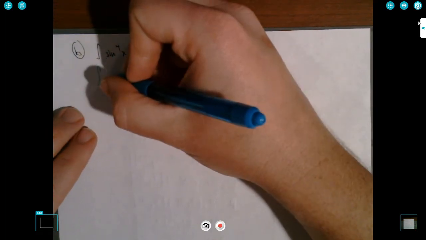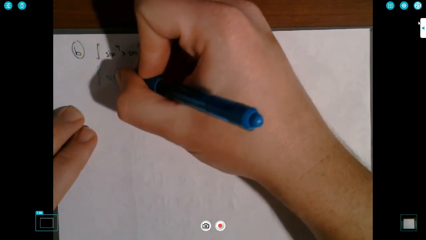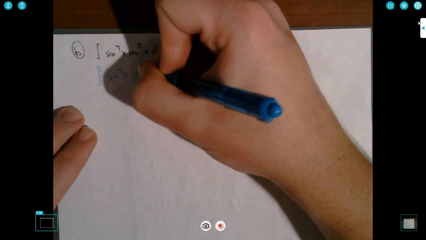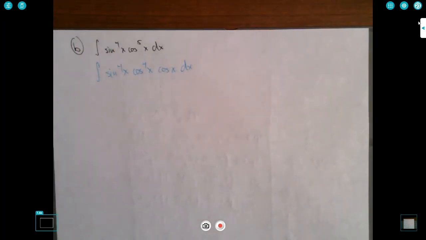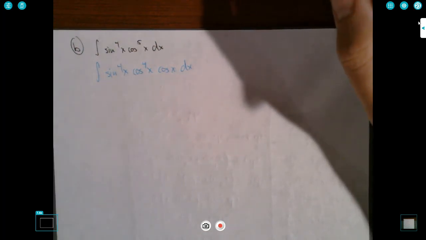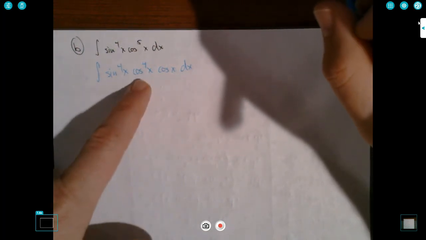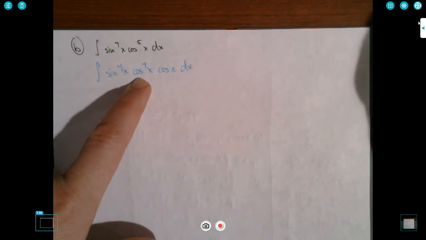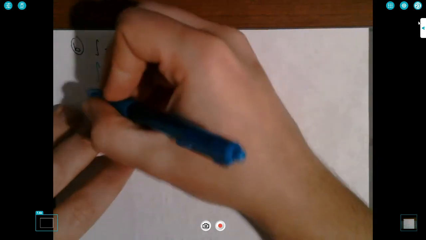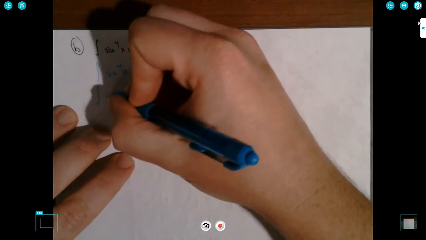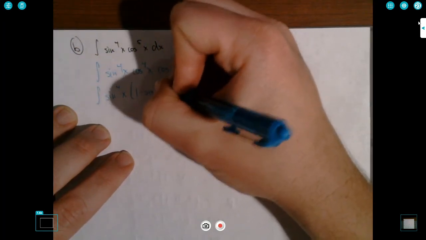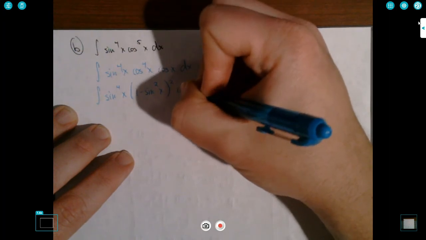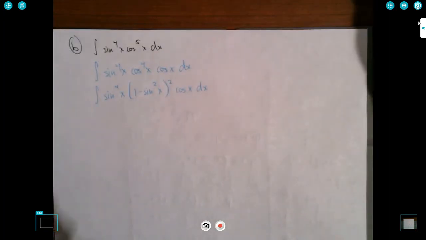So we would get sine to the 4th cosine to the 4th cosine. The cosine to the 4th we rewrite as cosine squared squared, and cosine squared is 1 minus sine squared. So this is going to be sine to the 4th x times 1 minus sine squared x squared times cosine x dx.